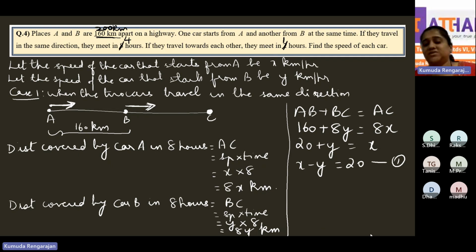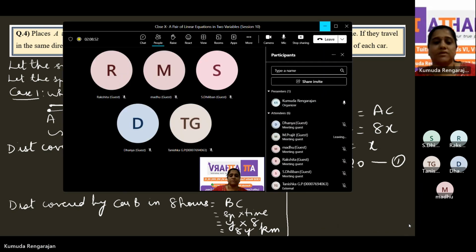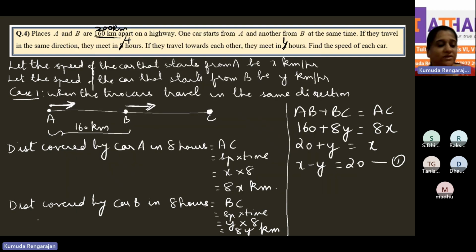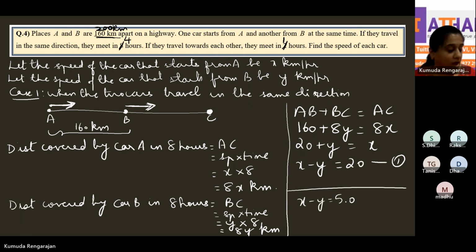Online students, it's time. The equations are, please make a note of the equations, online students. x minus y is equal to 50, and x plus y is equal to 200.